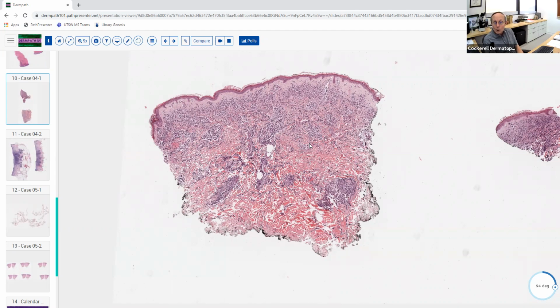So when they're bluish like this, what do you initially think of? Lymphocytes or neutrophils. They could be neutrophils, but neutrophils at low power look a little different. They look a little salt and peppery.